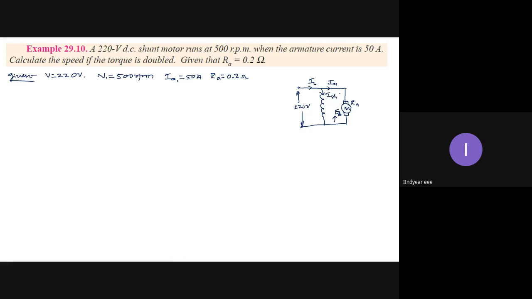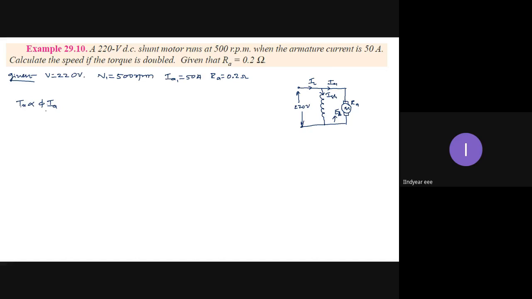From the equation of torque, that is 0.159 phi Z I into P by A, all other things are constant, and the torque TA is proportional to phi into IA.